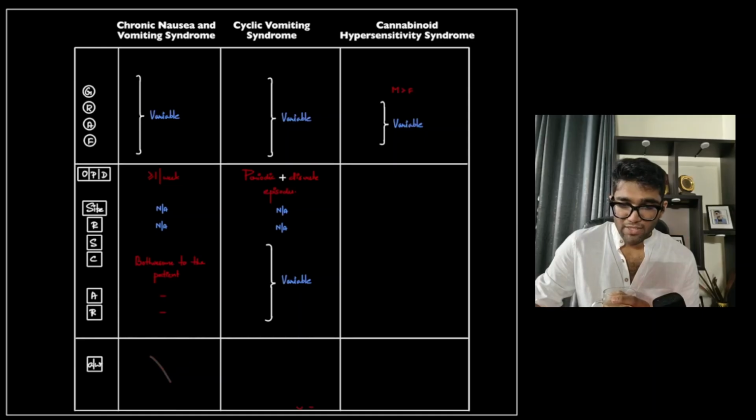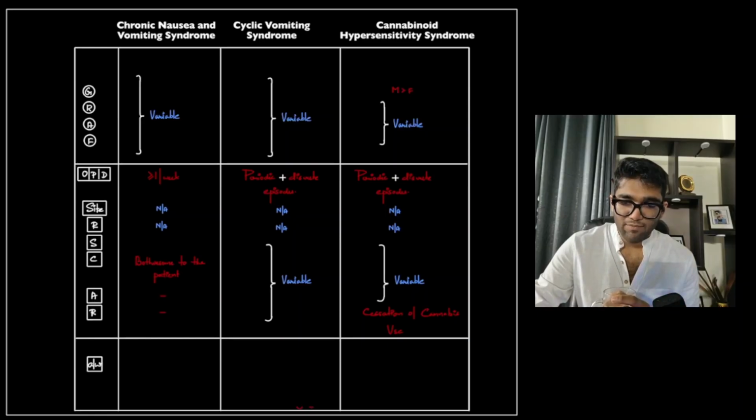Now, cyclic vomiting syndrome is characterized by very periodic, discrete episodes of vomiting without any other clear localizing or diagnostic features. Now, cannabinoid hypersensitivity syndrome is also periodic and has discrete episodes of vomiting, but is related to cannabinoid usage, that is usage of cannabis and its other products. Cessation of cannabinoid use actually causes significant relief to the patient, and that is diagnostic.